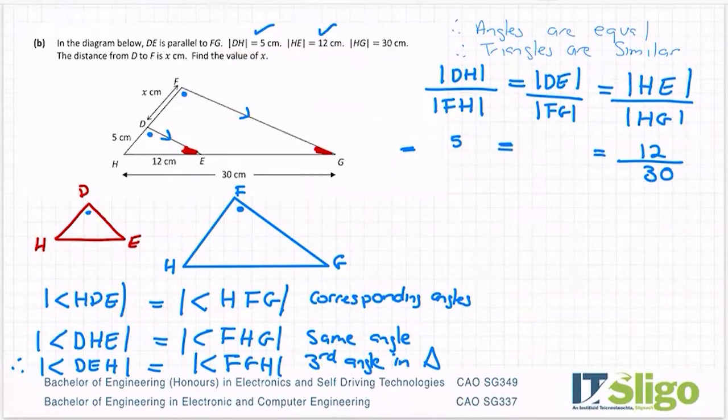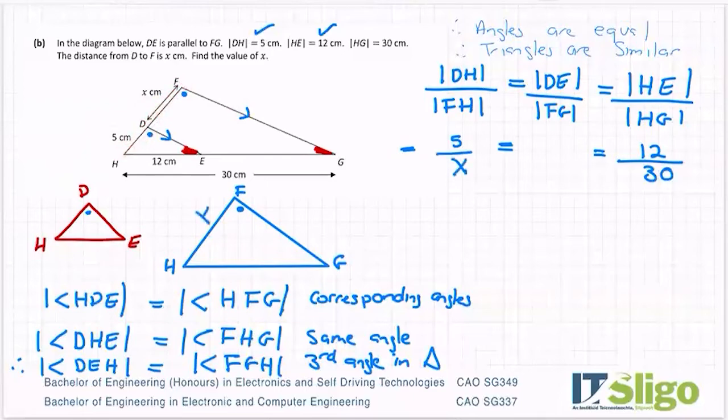And then they've asked me to find X. So this DF, I don't have a DF anywhere on my diagram. So the only way I can get at this side, this measurement X, is to actually find the length of this entire side. And then if I subtract the 5 off it, I'll be left with what's left as X. So in fact, I need to find that side FH, which is on the bottom here.